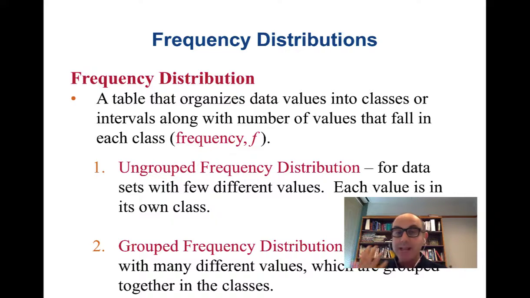Frequency distribution is another element that I need to talk about, and again, the issue of the final project comes into play. Frequency distribution is how many times a variable appears in the data set. A table that organizes data values into classes usually falls under frequency. We have ungrouped frequency distribution and grouped frequency distribution.